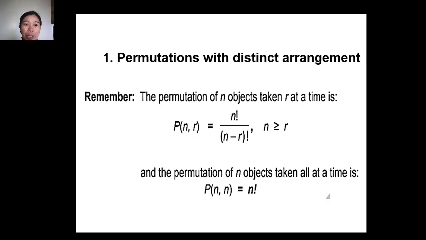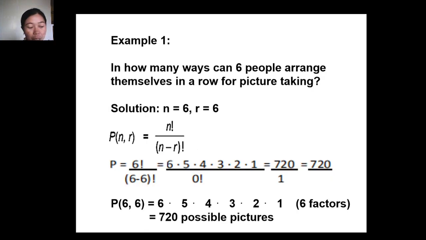So, ano ang example ng permutations with distinct arrangement? So, ito yung example. In how many ways can 6 people arrange themselves in a row for picture taking? So, in the given problem, ang n natin ay 6 kasi meron tayong 6 na tao. And then, ang r natin ay 6 din kasi lahat sila ay i-arrange natin sa row for picture taking. So, n and r are equal.